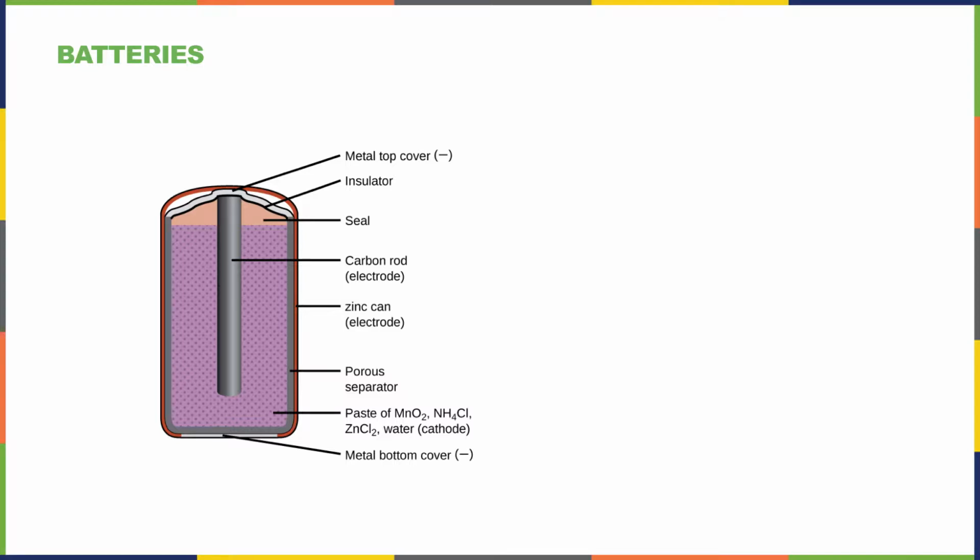In between those two is a paste that's made up of manganese oxide, ammonium chloride, zinc chloride, and water. And this allows for the transfer of electrons to the zinc ions and so forth. So this is just one of many types of battery constructions.